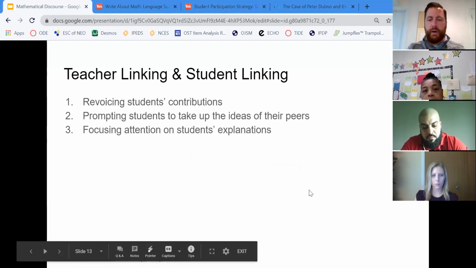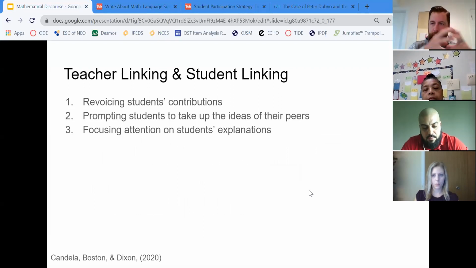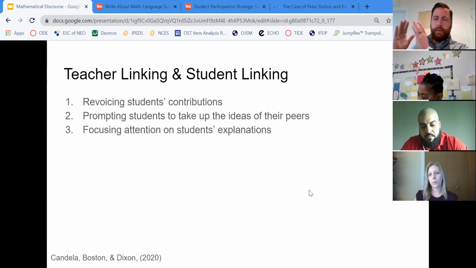We also talk about linking, teacher linking and content together and student linking content together. So we want to connect teacher to student, but we also want to connect student to student on a horizontal level. One technique that's pretty effective is asking another student to revoice what someone else has said. Meaning, Timmy, can you tell me what Joel just said?